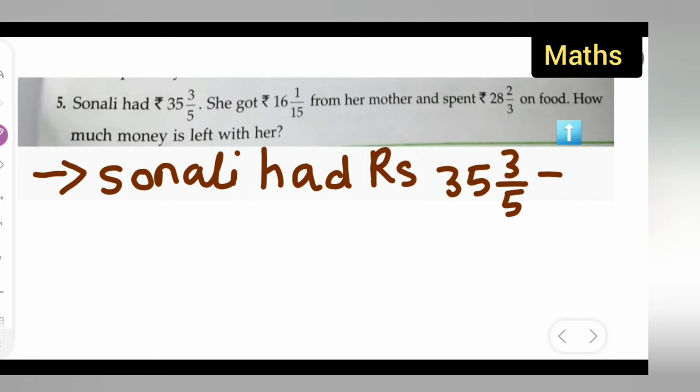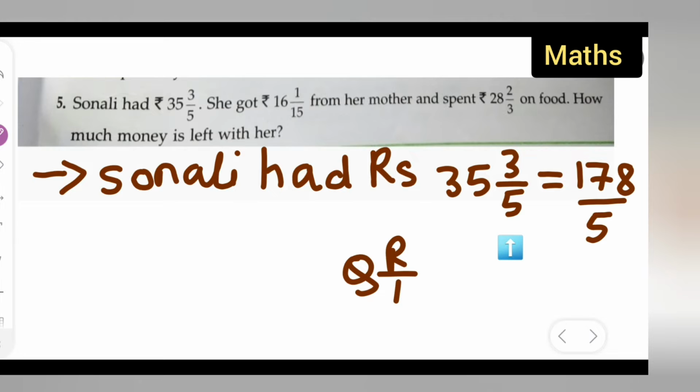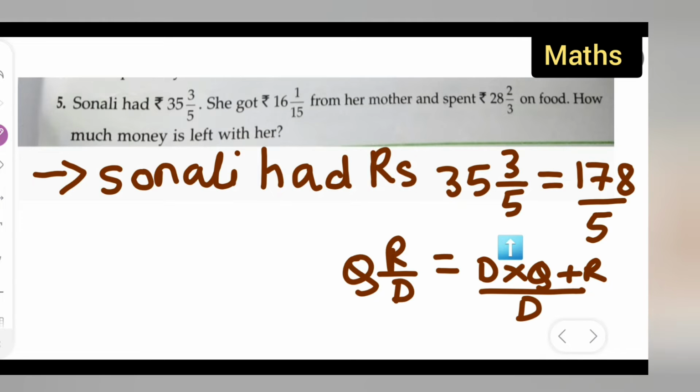This is a mixed fraction, so make it an improper fraction. 5 times 35 is 175, plus 3 gives 178. So 178 upon 5. The rule is: denominator D multiplied by quotient Q, plus remainder R, upon D.